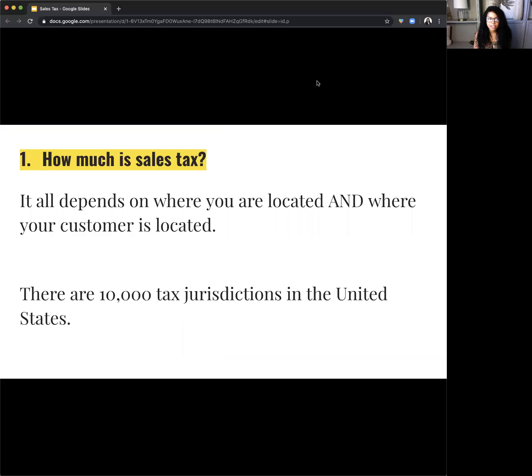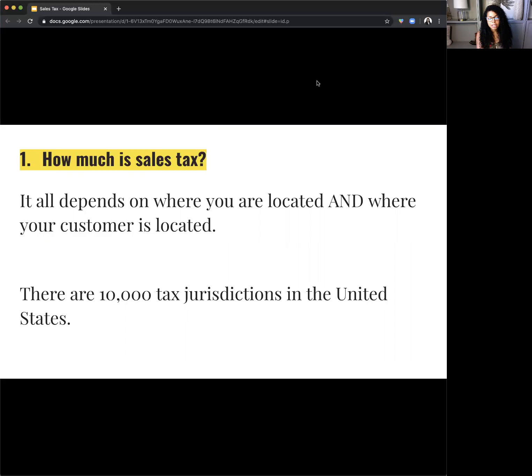How much is sales tax? Sales tax all depends on where you're located, which we just went over. That's your nexus, and also where your customer is actually located. So say your customer is located in, I don't know, we'll say Texas. Yes, Texas does have a state sales tax, but it breaks it down to, do they live inside the county limits?